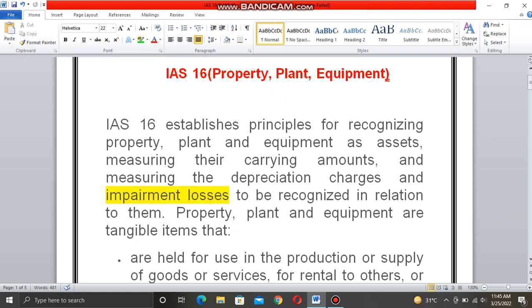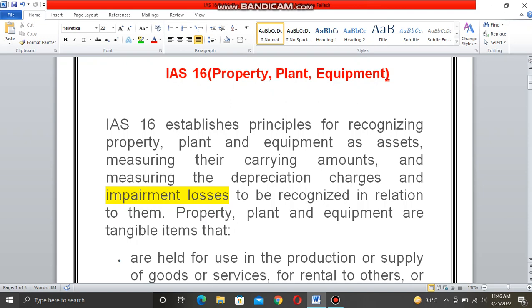Suppose you buy a generator for 10 lakh, and the useful life of that generator is 10 years. So per year, how much of the generator should you depreciate? 1 lakh, since the useful life is 10 years.